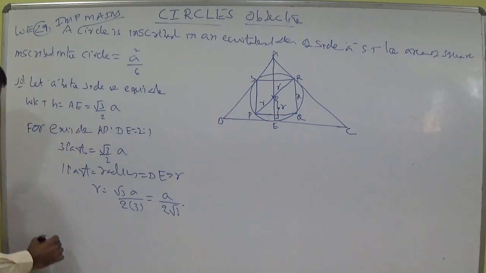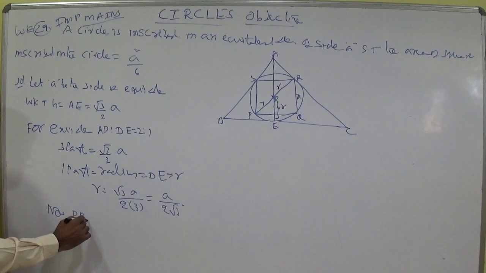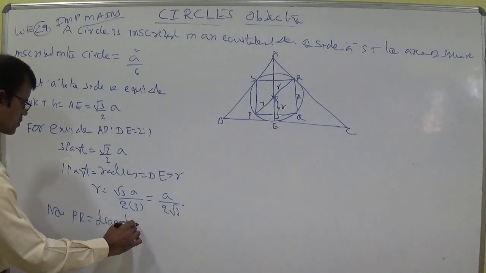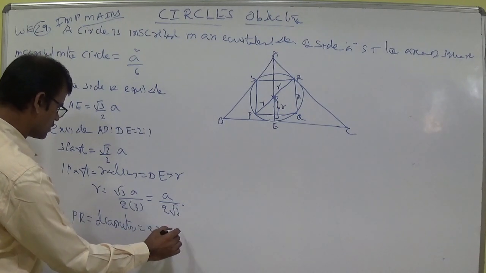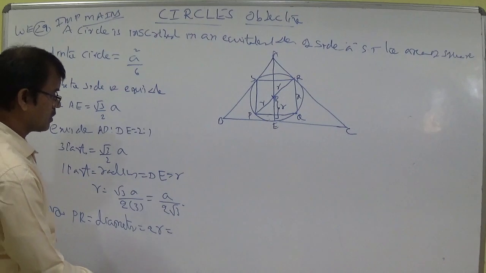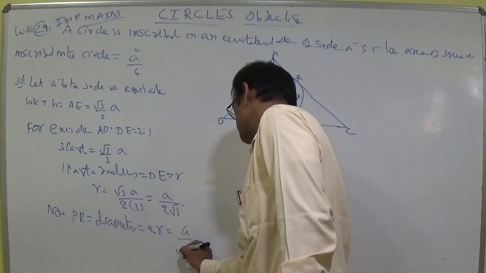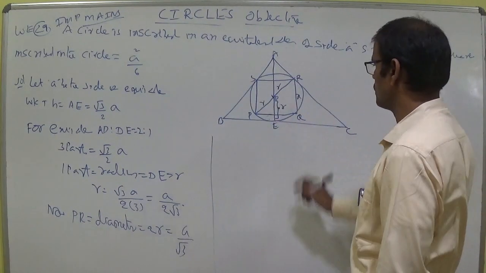Now PR is equal to the diameter, which is 2R. Diameter 2R means simply A by root 3. 2R is equal to A by root 3.